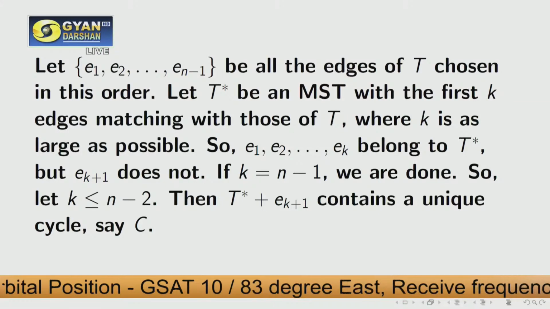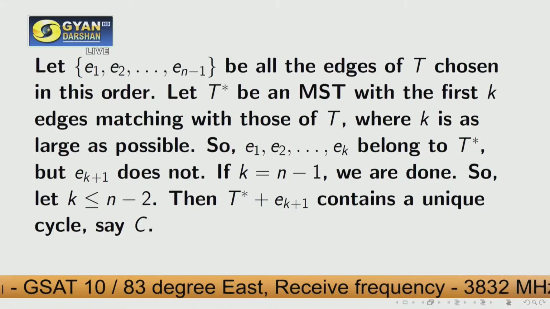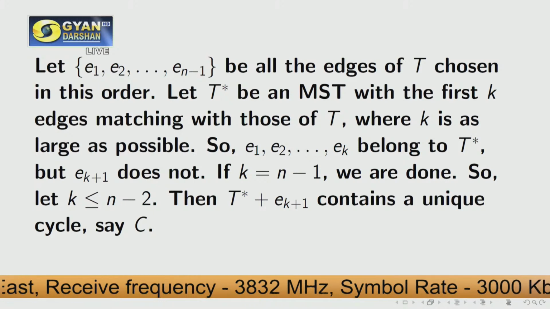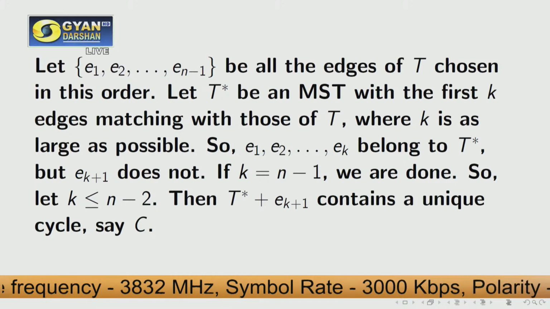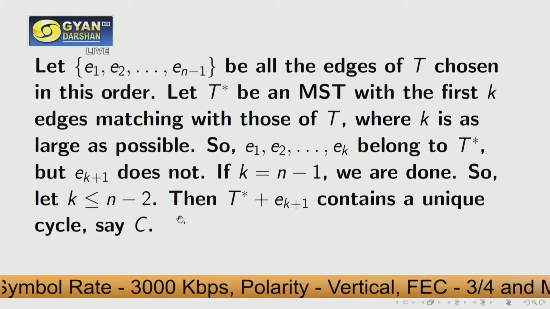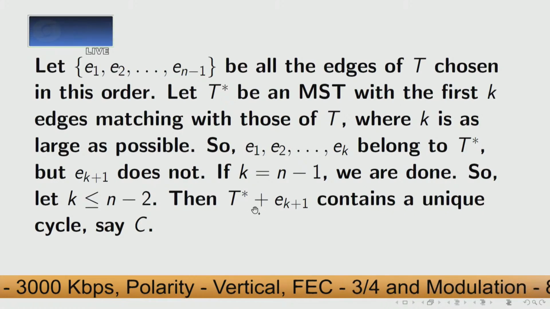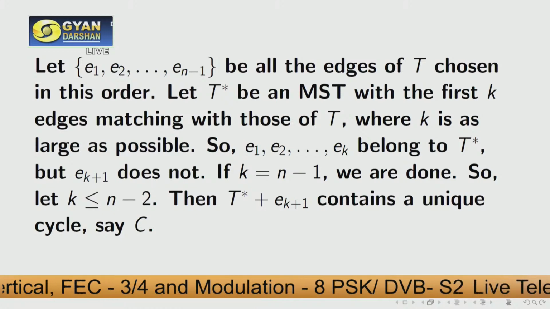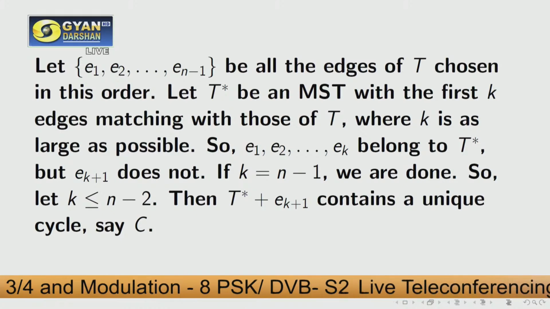But in another case, when say k is less than or equal to n minus 2, what happens? Let's see. So in this case, T star plus Ek plus 1 just contains a unique cycle, and let this cycle be C.